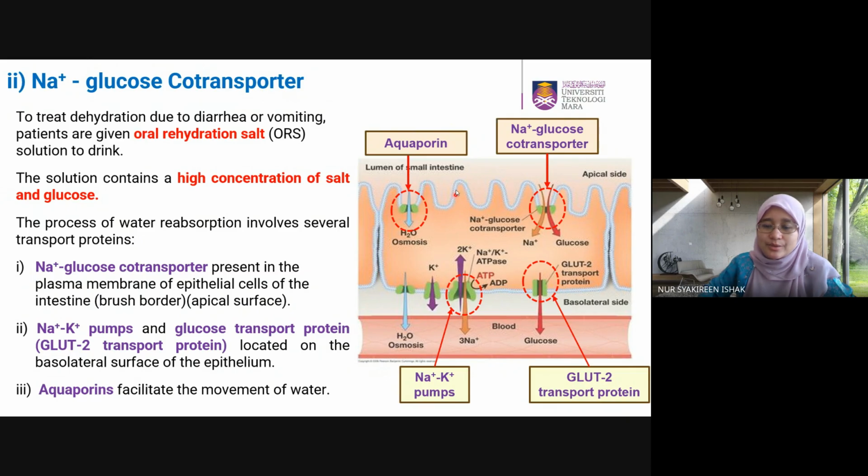So you can see here the cell has extensions like this. These are microvilli. So this is the cell lining the small intestine. This is the lumen of the small intestine. When you eat and drink, all the nutrients are in the lumen of the intestine. These are the epithelial cells lining the lumen of the intestine.